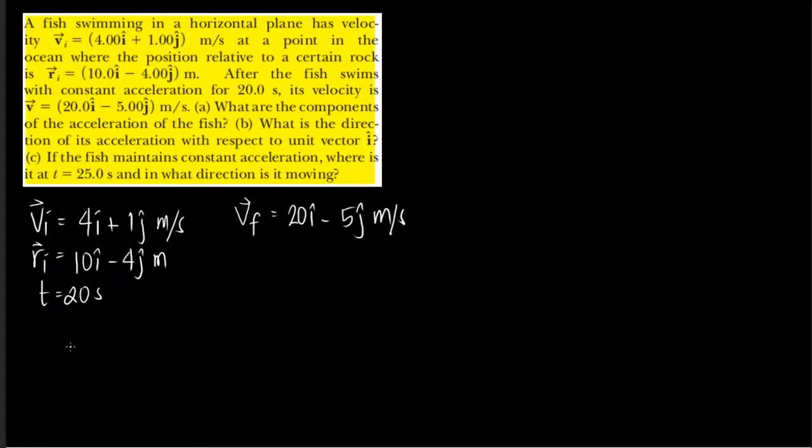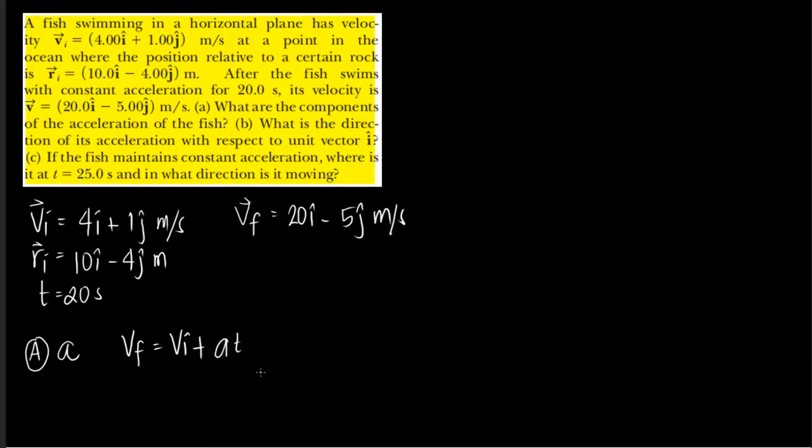We have several questions. For A, what are the components of the acceleration of the fish? So for A, what is asked is acceleration. Look at your formulas and I think the most useful is vf equals vi plus at. If you remember, in our previous examples in 1D, this was very useful.